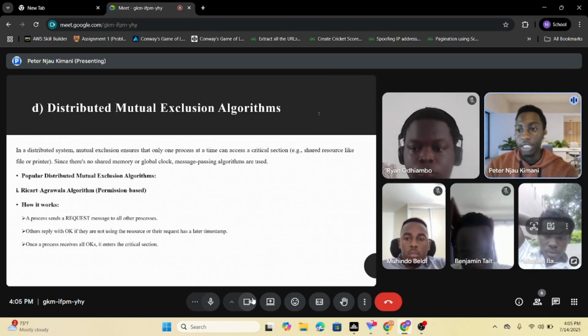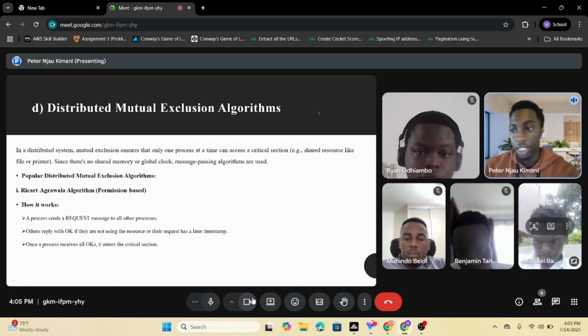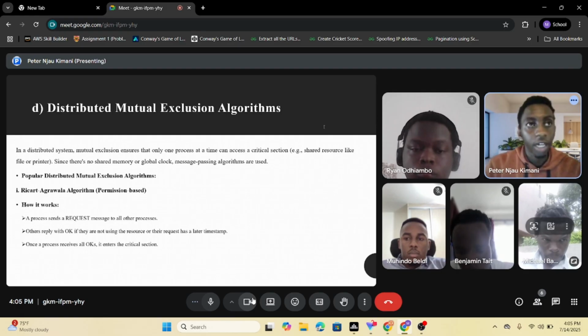Since only one process at a time can access the critical section or the resource, there is no shared memory, and there's no global clock to tell who was first to try and reach the resource.